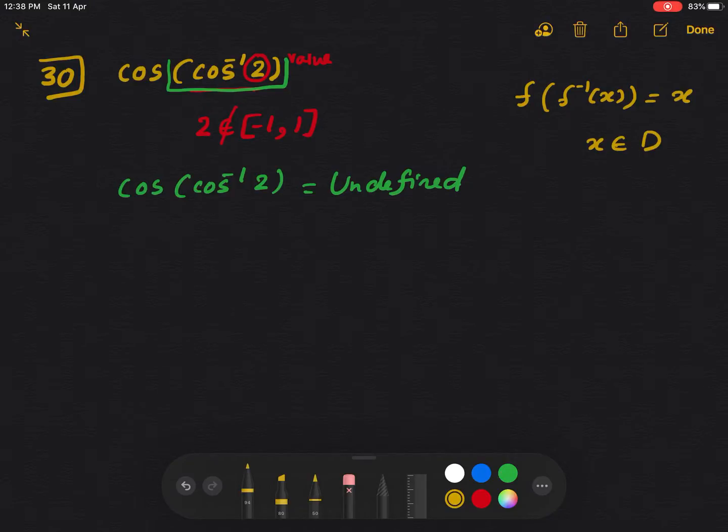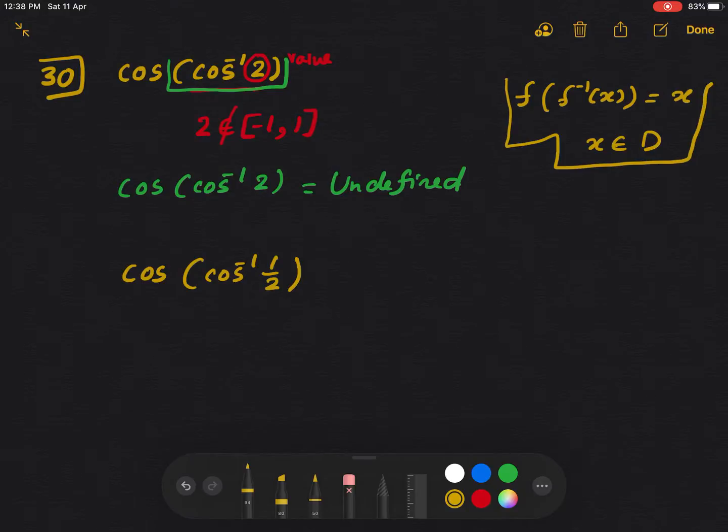Next, take this similar one. Cosine inverse half. In this case you can apply the composition property, f of f inverse of x for all x belonging to the domain. Why?